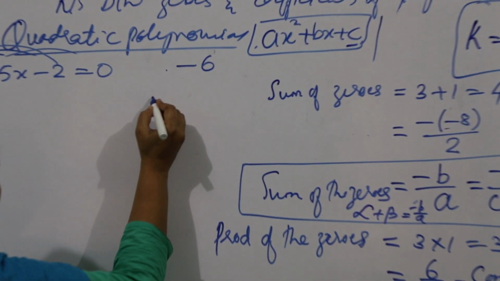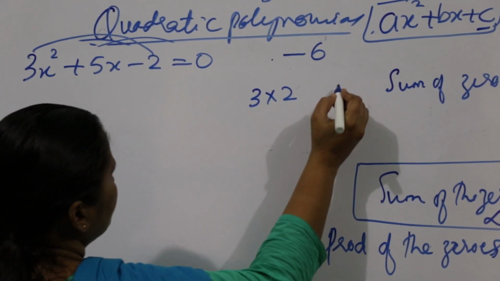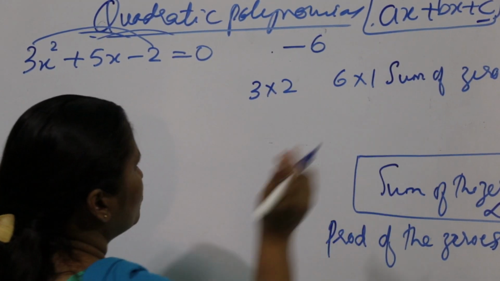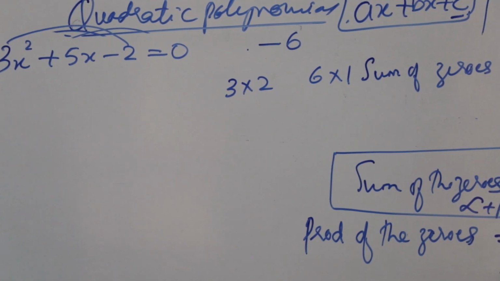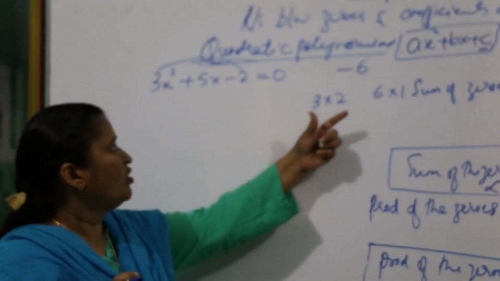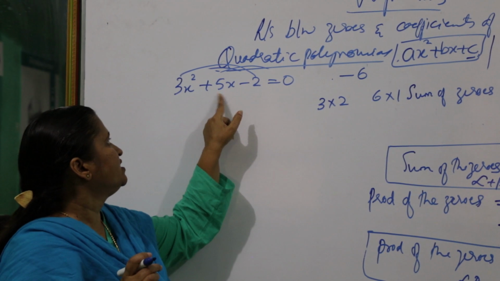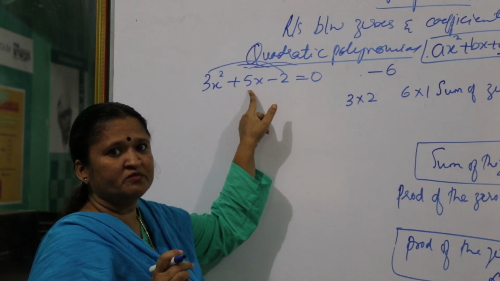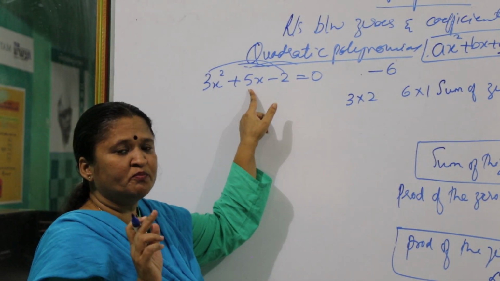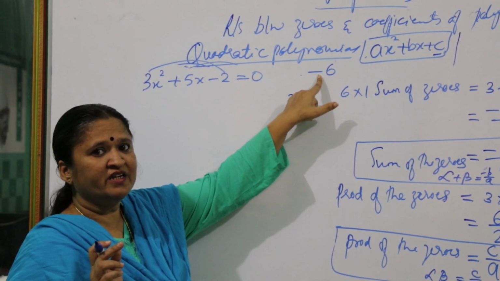So we need to find factors. Now 3 times 2 and 6 times 1. Either by addition or subtraction of the two factors, we need to get plus 5, and when you multiply them, you should get minus 6.